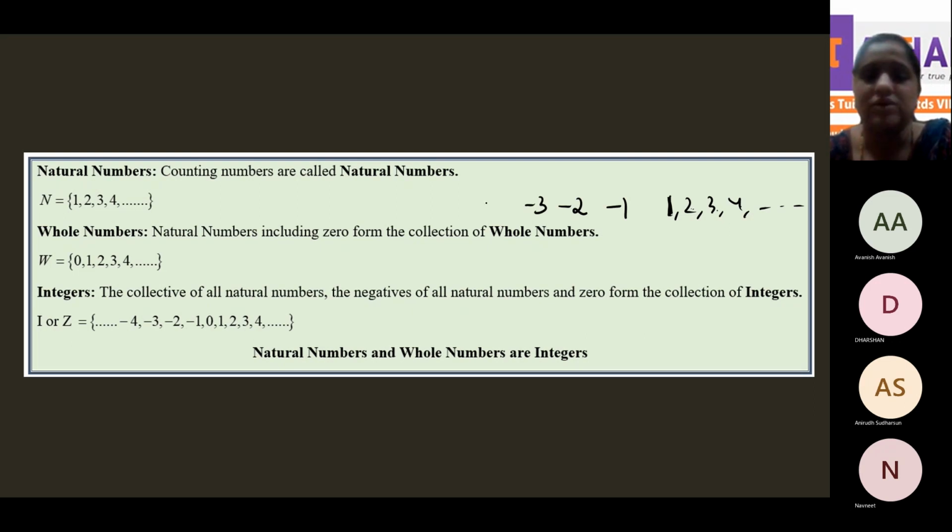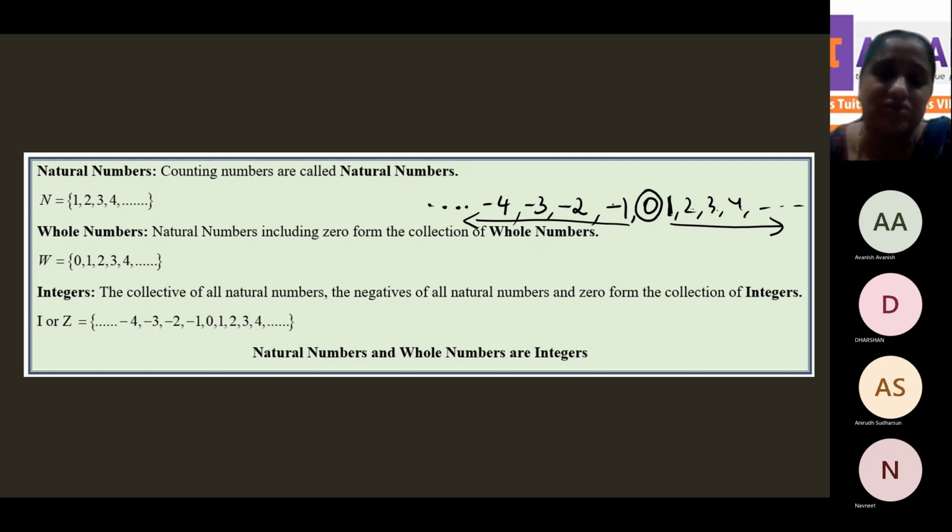The negative of 4 is minus 4. It goes on like that. So all natural numbers, their negatives, including 0, form the collection of integers.